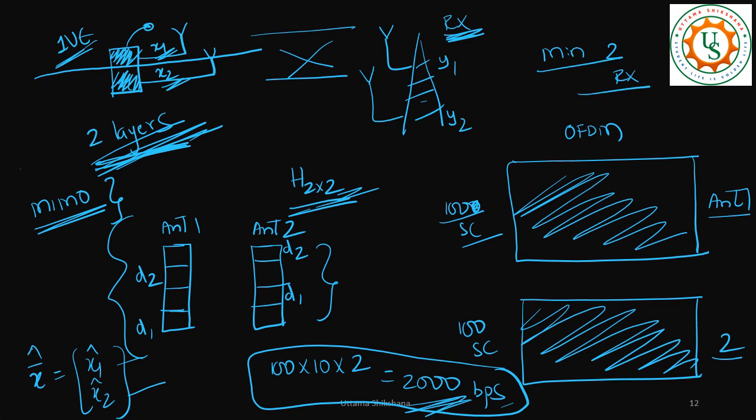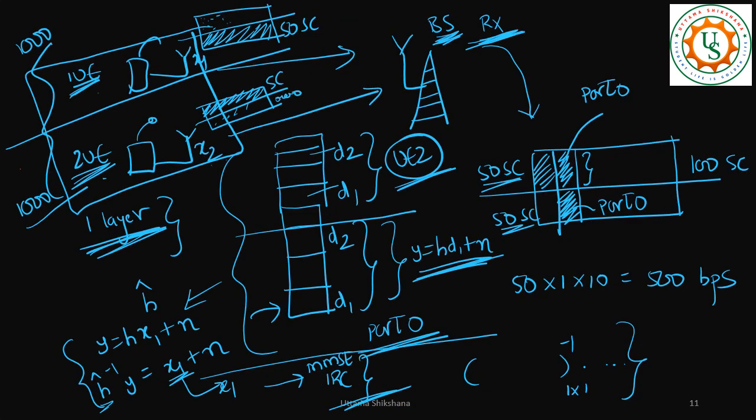That's why at the base station, to support multi-user MIMO where the allocations are completely overlapping, we need two receive antennas. So I will write it over here: first UV, second UV, single antenna. If both of them are paired and we operate them as multi-user MIMO, then definitely at the base station we need two receive antennas.